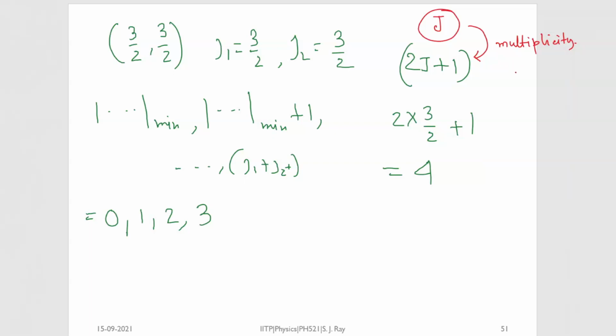These are the values of Mj, which run from minus J to J, and if I sum over this, it gives me 2J plus 1 values. That is the total multiplicity, which means that each level specified by a particular value of J can be further split into 2J plus 1 sublevels, specified by different Mj.